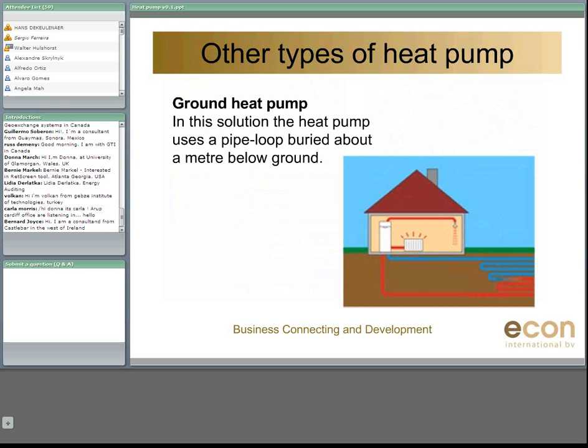And you will see that if your ambient temperature is fluctuating, the temperature within your ground is not fluctuating in a similar way. So this one provides you a more constant temperature on your outside.